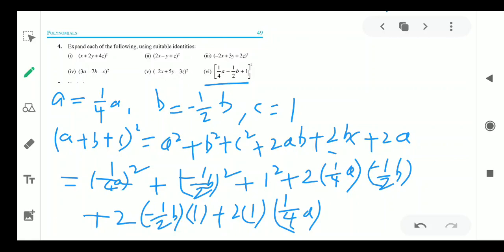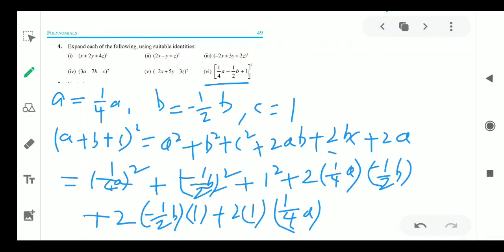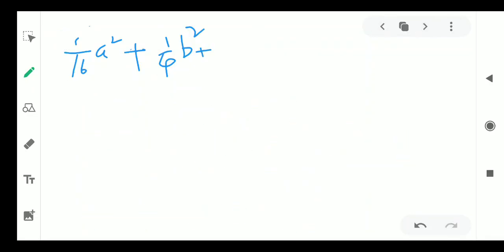Next, (1/2)²: 1² is 1, 2² is 4, so 1/4 b². Next, plus 1², 1² means 1.